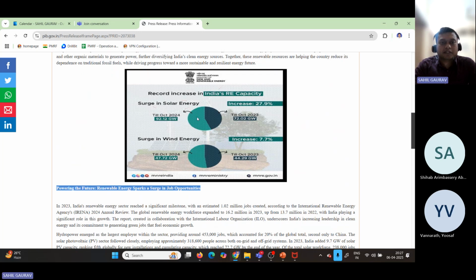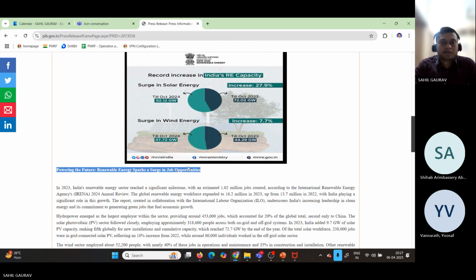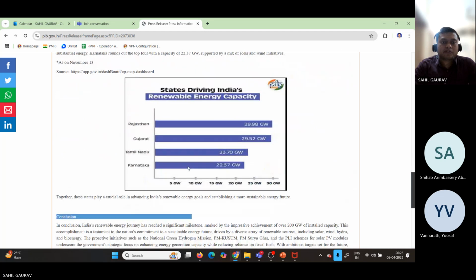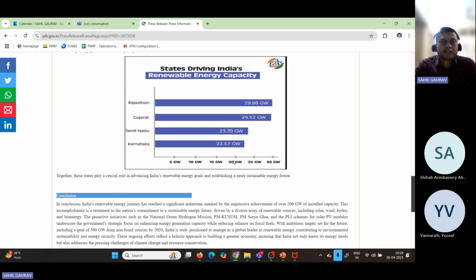Here, 92.12 gigawatt till 2024 for solar energy, and wind energy is 47.72 gigawatt. Major states are Rajasthan, Gujarat, Tamil Nadu, and Karnataka.